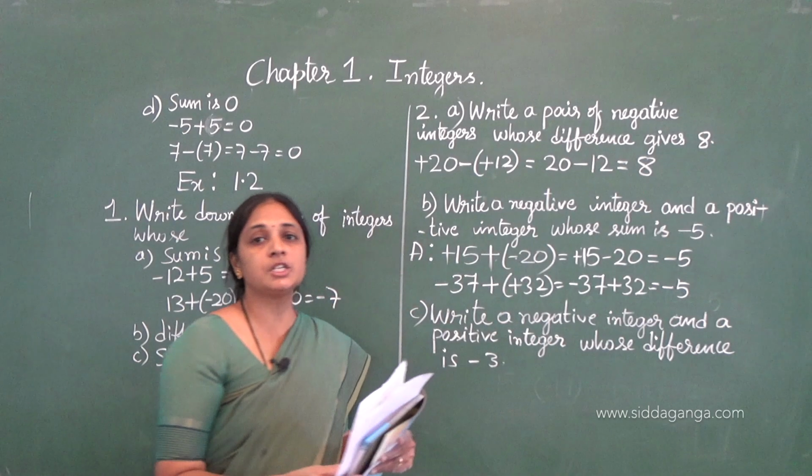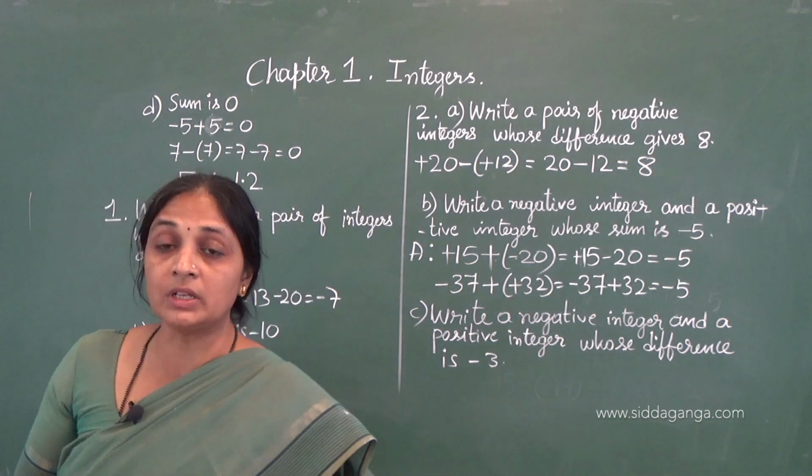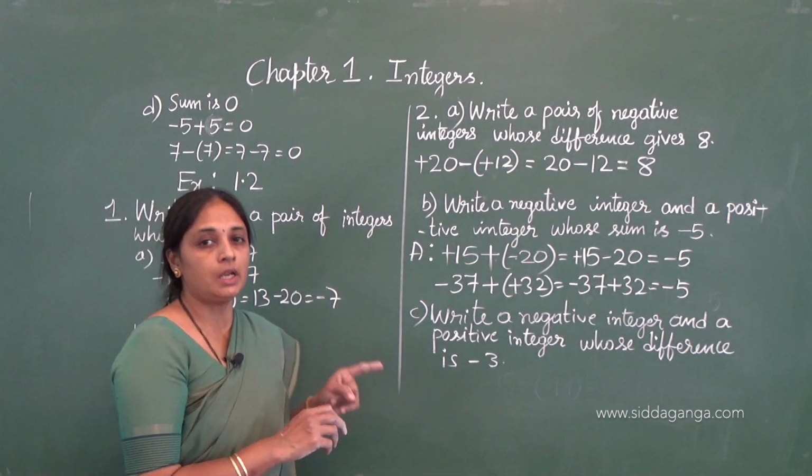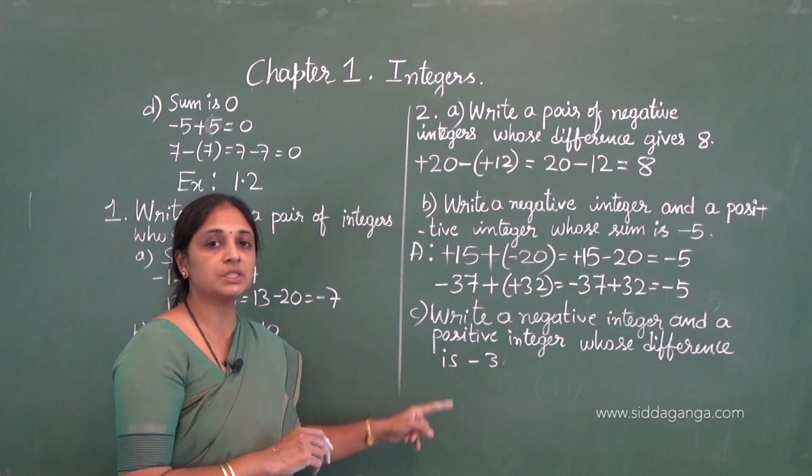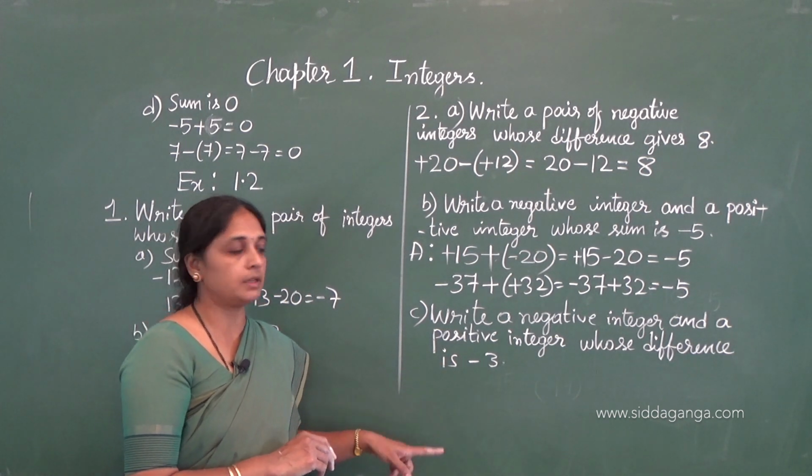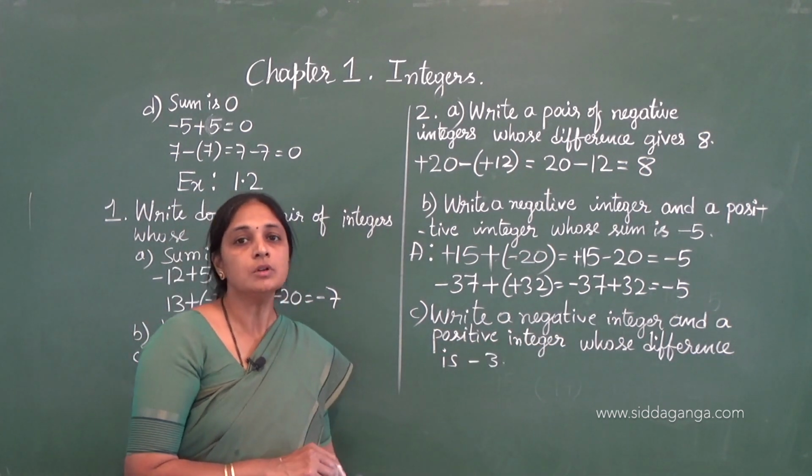The condition is we have to take one negative and one positive integer to get minus 3 by subtracting. Difference means we have to subtract.